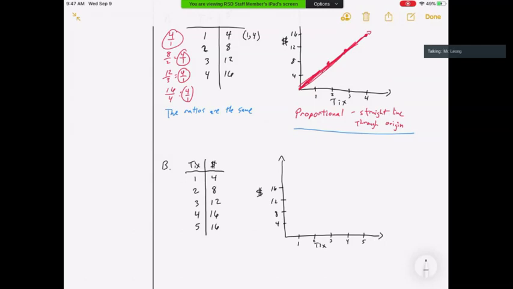I know I'm a little bit ahead of you guys, so just go ahead and catch up. All right, so again, I'm going to graph these points just like I did for example A, and we're going to see what happens here.